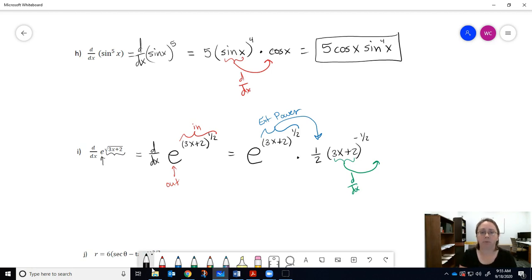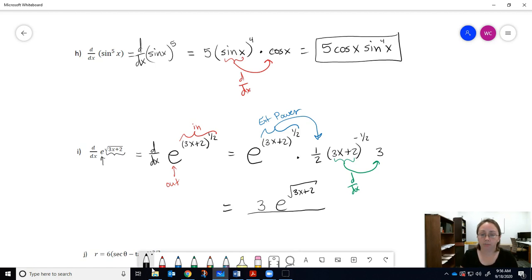So what's the derivative of 3x plus 2? 3. So to finish this off, my preference, this is technically right, the 1/2 and the 3, you should at the very least put those together. But I would write this as a fraction. Yeah, it'd be prettier as a fraction. All right, so the 3 is on top and the e is on top. I'm going to put the square root back. You don't have to, but I like to make it more uniform like the original.